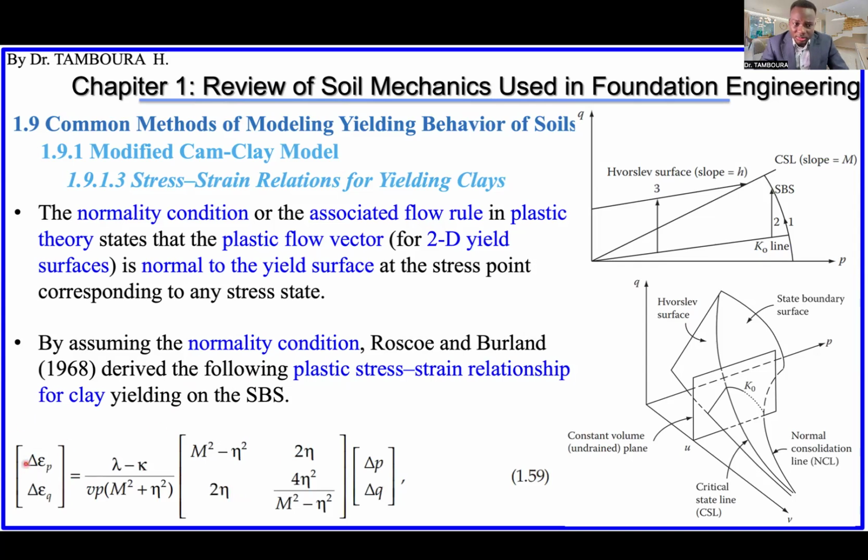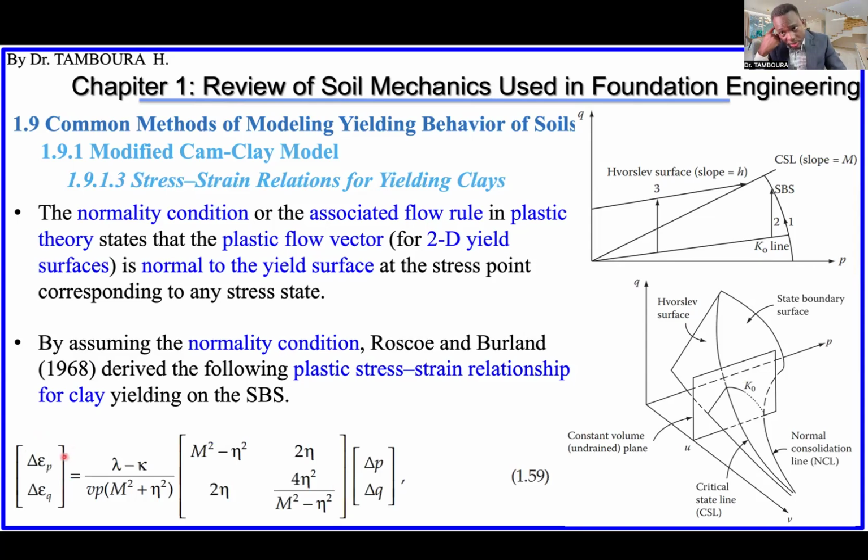You see, this is the strain, and this is the stress increment in p and q. We need to link the stress and strain, so that for each increment of stress we get the corresponding strain.